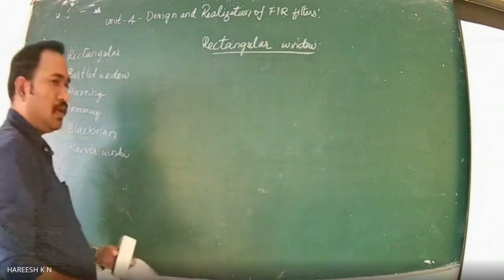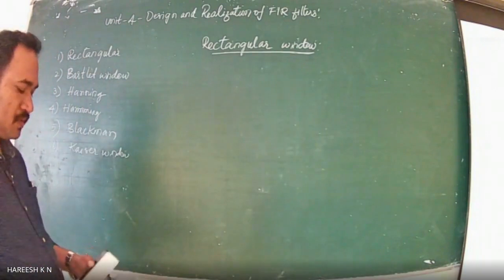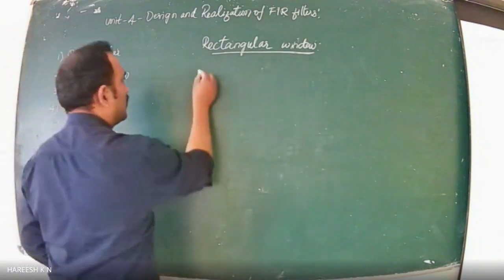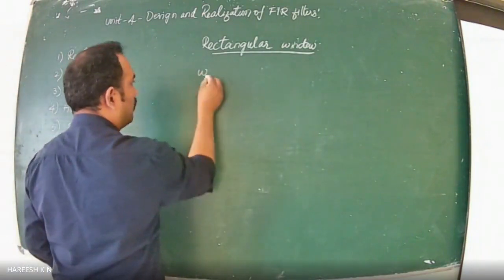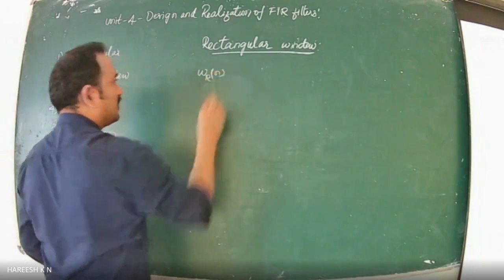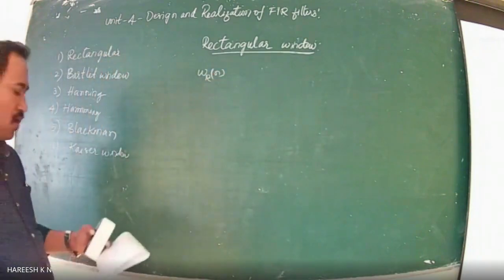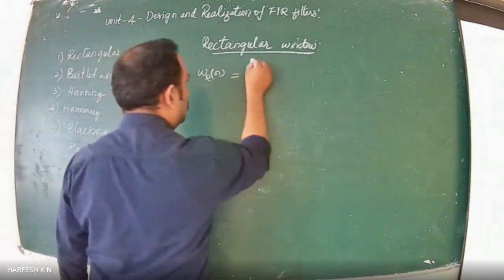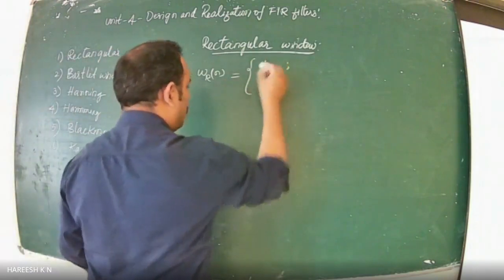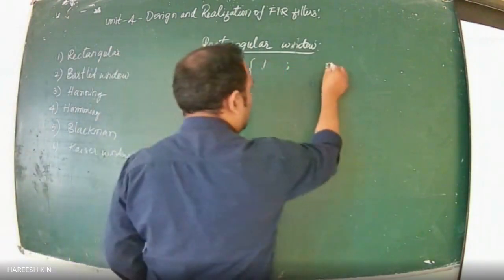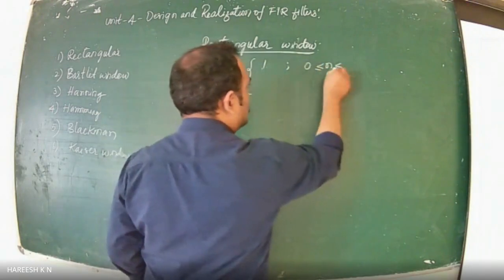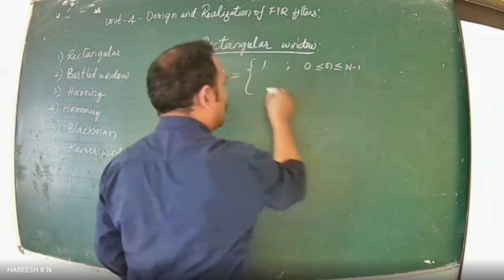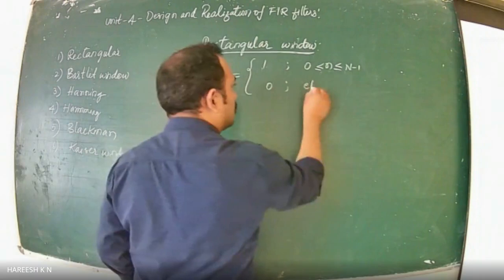The window function w_R(n), this is small w_R(n) in lower case, is equal to 1 for n greater than or equal to 0 and less than or equal to capital N minus 1, and it is 0 elsewhere.